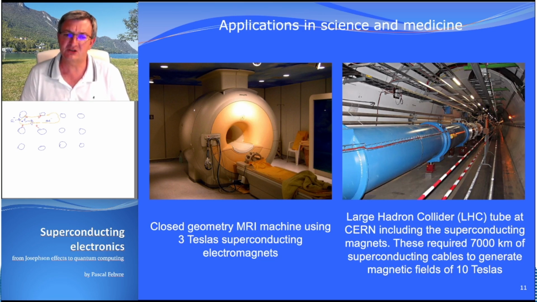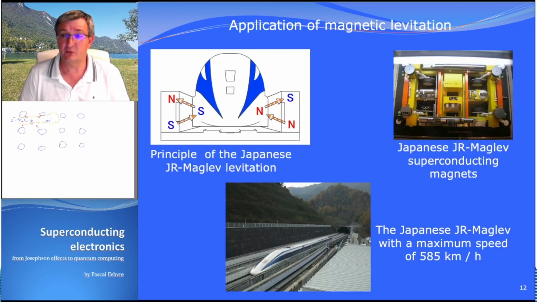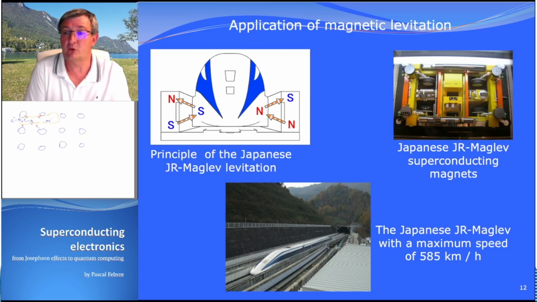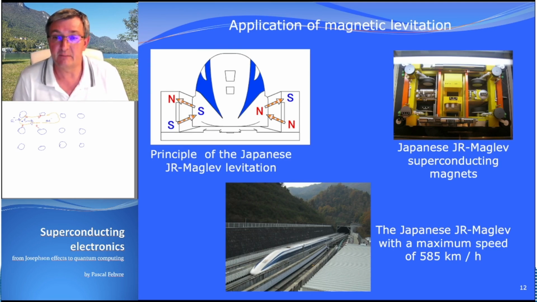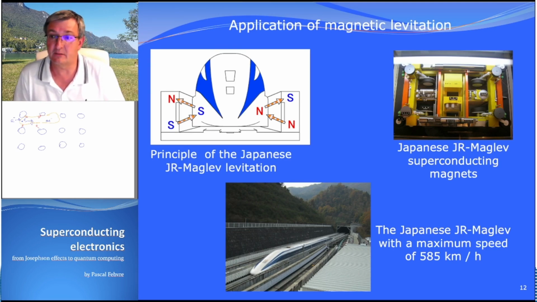And another application which is under development, and which is starting to work, is in Japan, about magnetic levitation. This is a maglev train, which is suspended by magnetic levitation. They are based on superconductors.